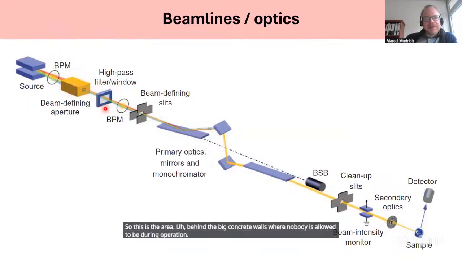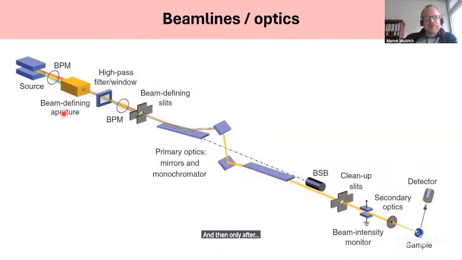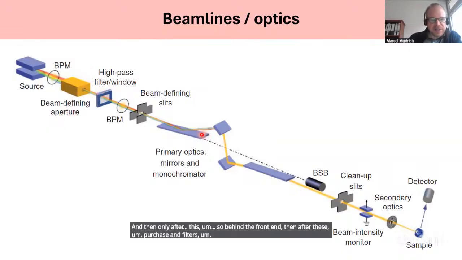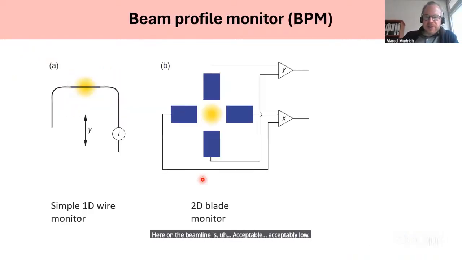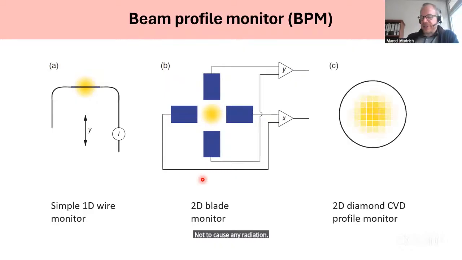And then only behind the front end, after these apertures and filters, the intensity is reduced enough, and the beam is collimated well enough, such that the radiation load on people being here on the beam line is acceptably low, not to cause any radiation damage or any safety issues.